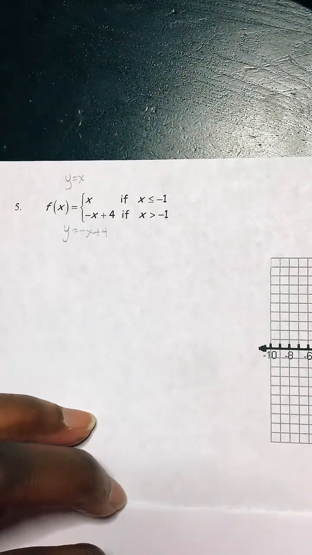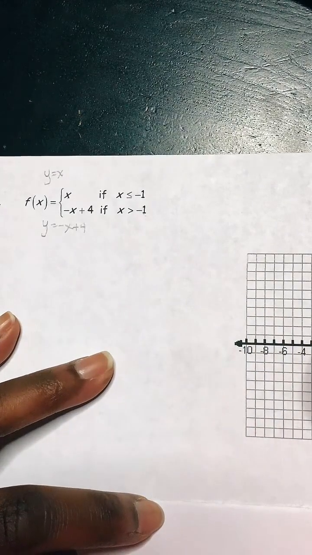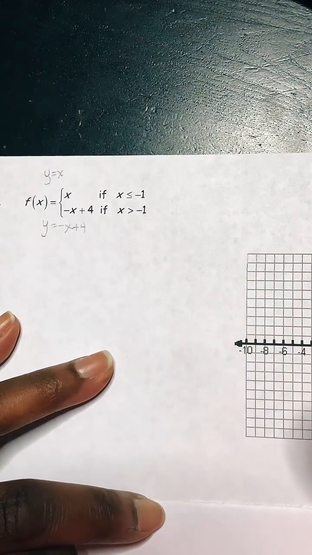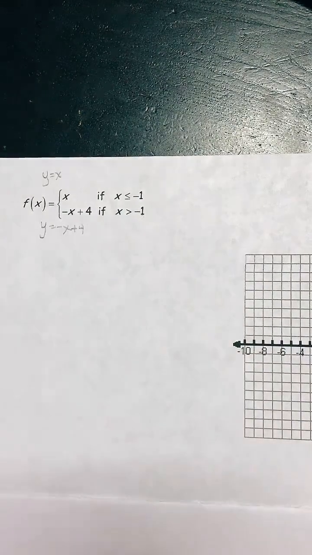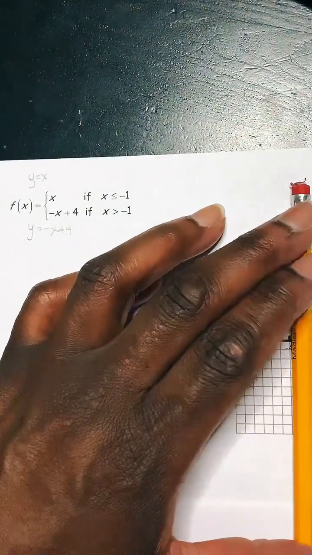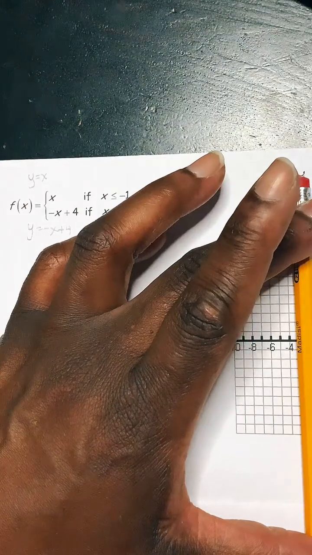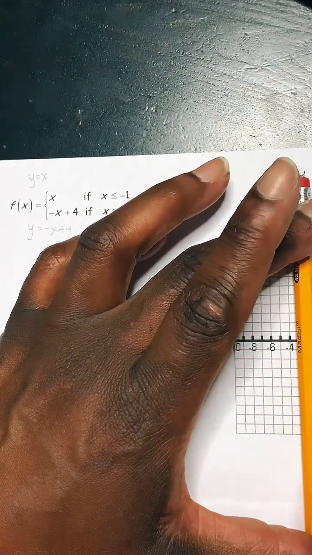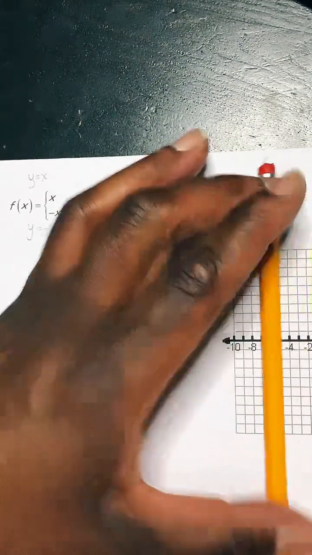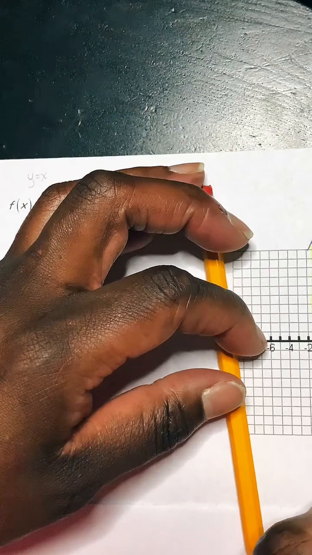So I'm going to draw my boundary line because it kind of helps me. Some people, after a while, don't have to draw the boundary line. I'm going to highlight it and put it in blue, just so you can see. This is when x is equal to -1.